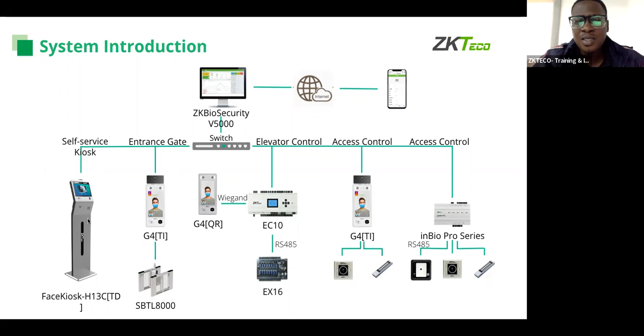So after this training, I'm going to talk of a school scenario. Then you can see that FaceKiosk is not just only for visitor management. You can use it for other scenarios and solutions that are related to visitor management. So this is the system architecture.